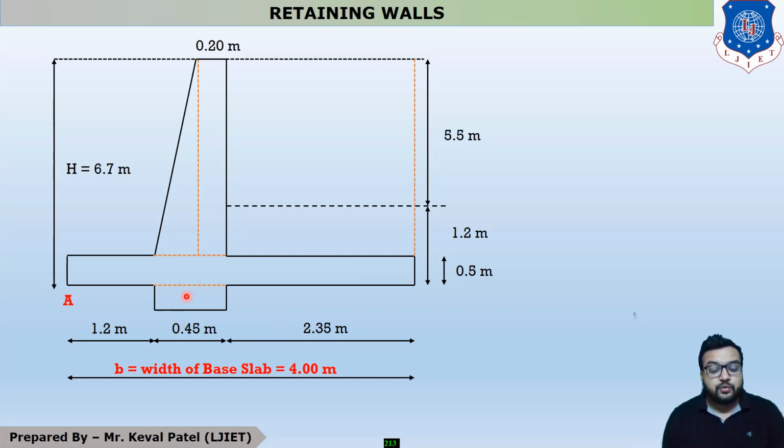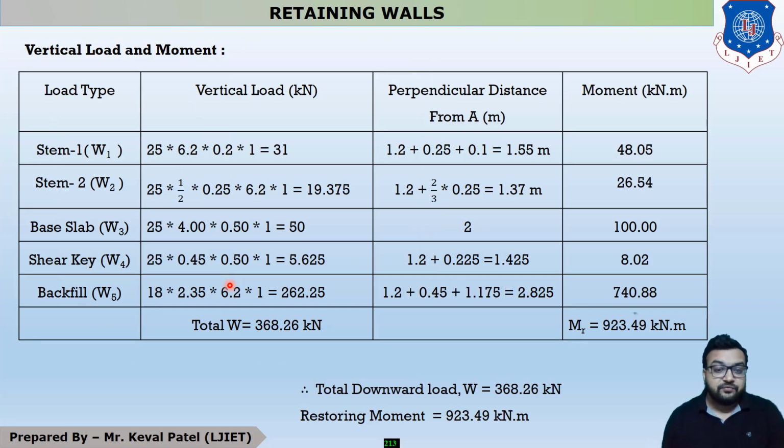This is your portion number 4. Now, what is the area of this portion? The area is 0.45 into 0.5 into 25, because we have to fill concrete in the shear key. The value of force is 5.625 kilonewton.